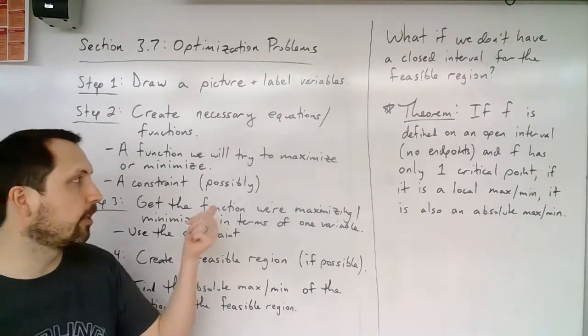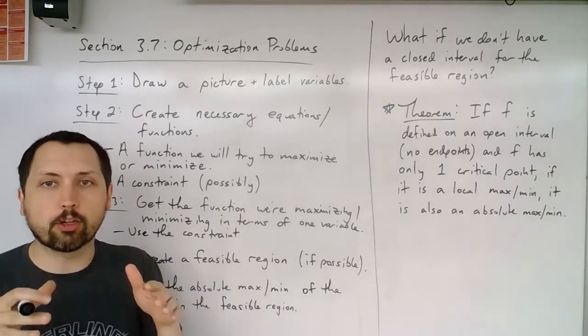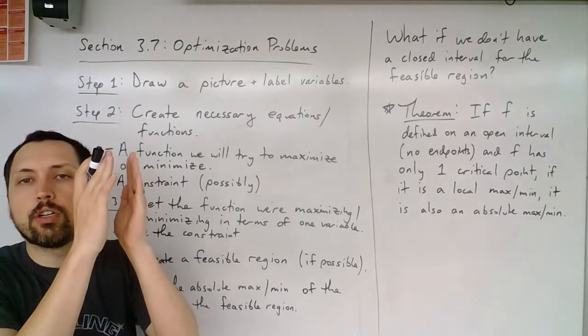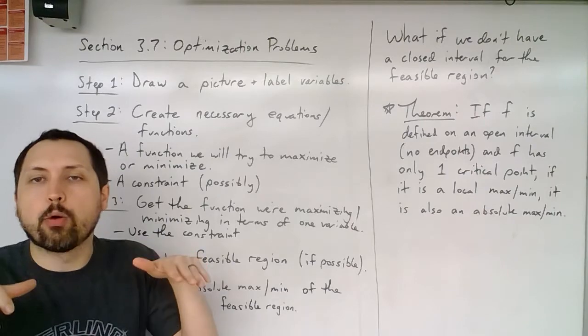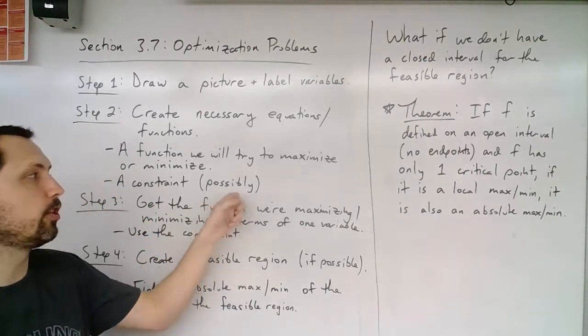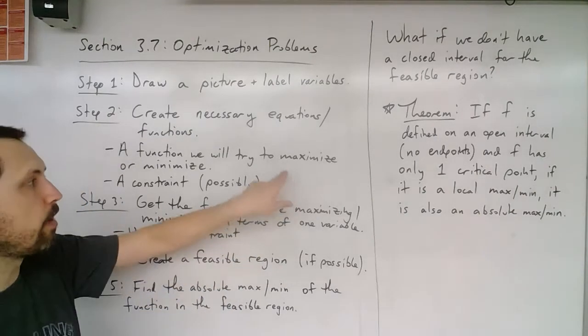So the constraint would be some type of surface area. That's the material that is going to form the cone. Well, do we want to have a tall, skinny cone, or do we want to have a short, fat, wide cone? Which one's going to be able to maximize or minimize volume given the restriction on the surface area? So those would be different equations that we'd want to come up with.